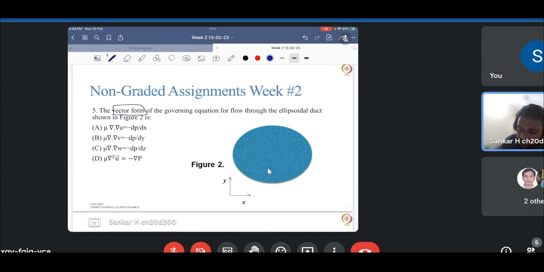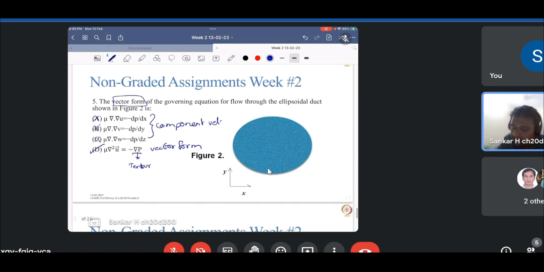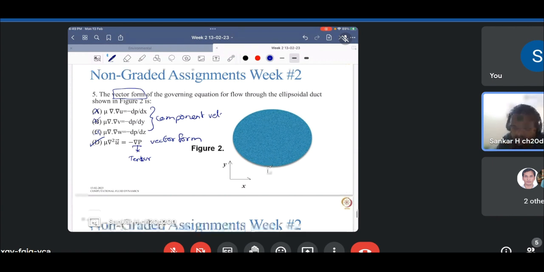So each of A, B, and C are actually the component form, not the vector form, component velocities, whereas option D is the vector form. And this del p will be something known as the tensor, and we need to solve option D in order to find the flow. The governing equation for the flow through the ellipsoidal duct is given by option D in the vector form.